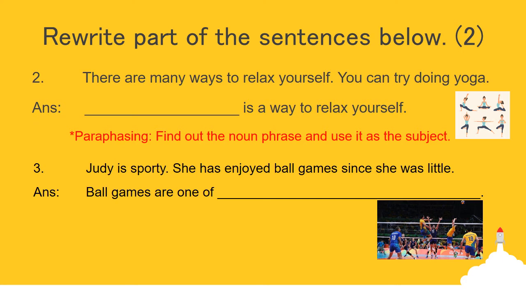She has enjoyed all games since she was little. And the hint is you should try to link the subject, Judy, with the idea of sport by using apostrophe s. So you are going to complete two sentences in one go. So you have 2 minutes and you may now start.